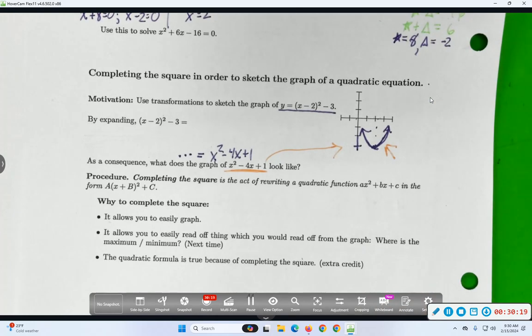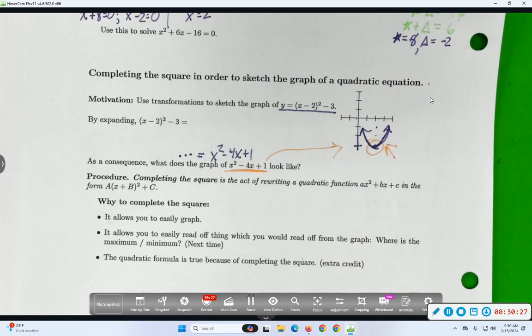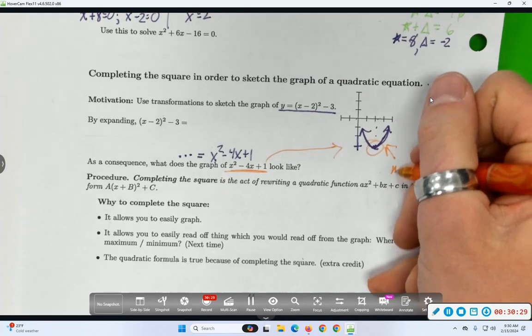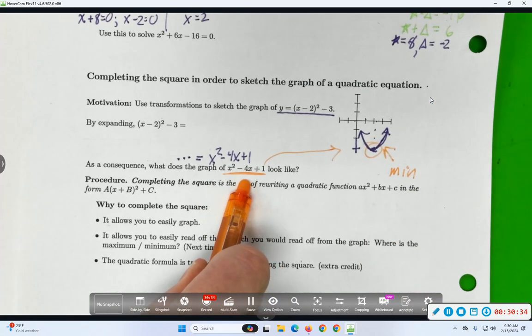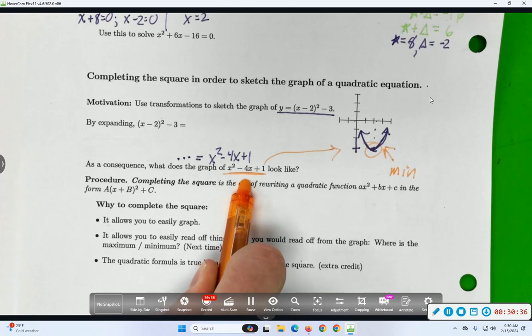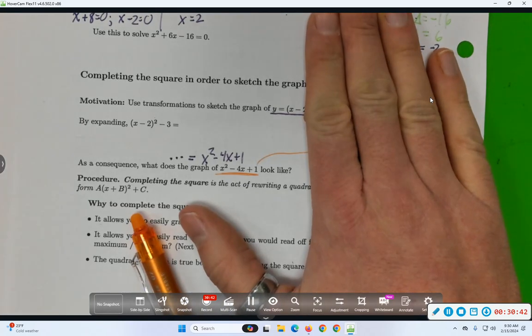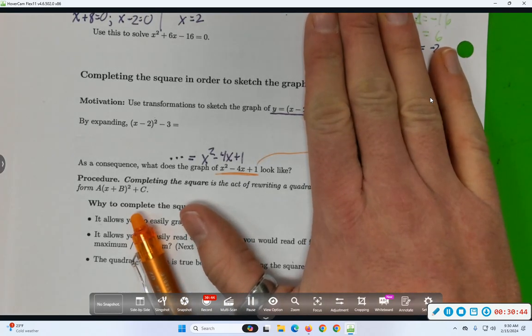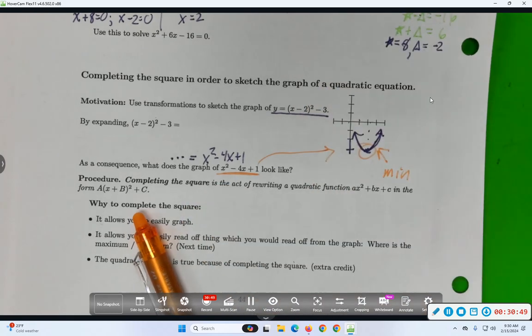What's the minimum value that function seems to take? -3, and I guess it happens when x is 2. So there's the minimum. What's the minimum value of this degree 2 polynomial? -3. But if I just gave you that, that's a harder question to answer, unless you can complete the square, then you get it automatically.